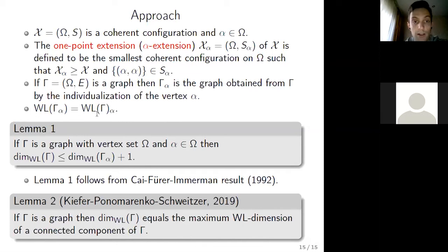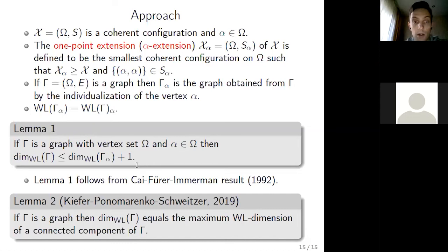And the second crucial lemma for us: if gamma is a graph with vertex set omega and alpha is an element of omega, then the Weyl dimension of gamma does not exceed the Weyl dimension of gamma alpha plus 1. This lemma follows from the Cai-Fürer-Immerman result.